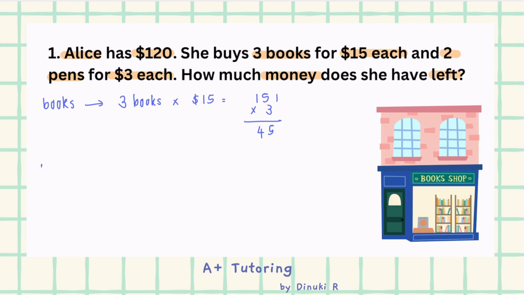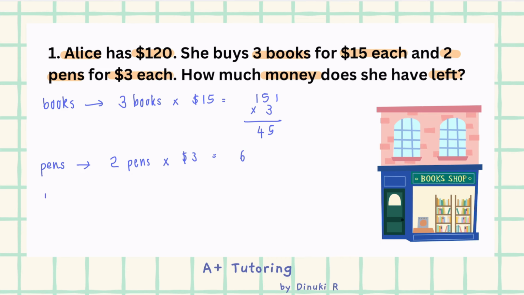Now, is Alice only buying books? No. She's also buying pens. And we know she's buying 2 pens. And they're each $3, which gives us 2 times 3, which is 6.